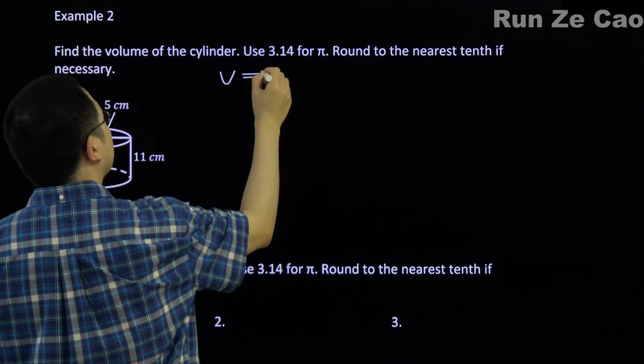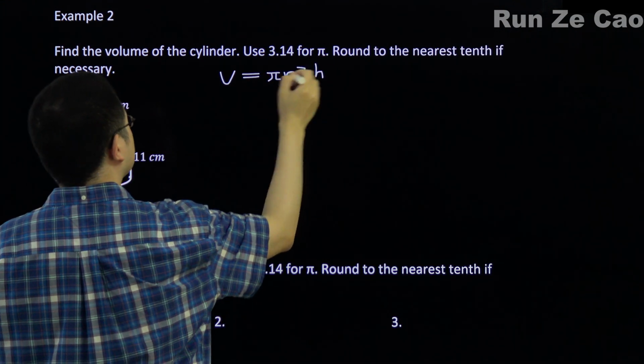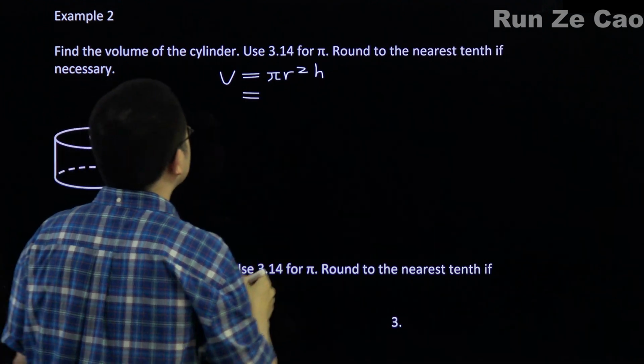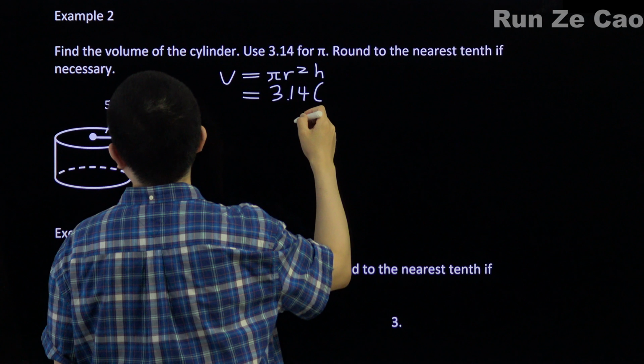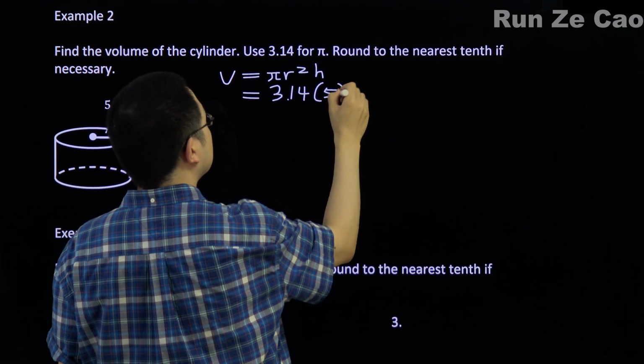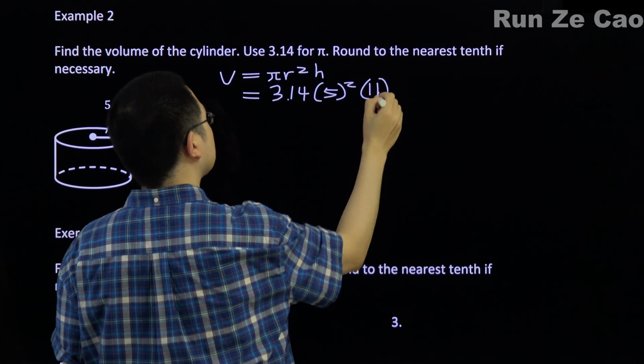So, we have volume equals pi r squared, because that's the base, times the height. So we're looking at 3.14 times radius is 5 centimeters, so 5 squared times height is 11 centimeters.